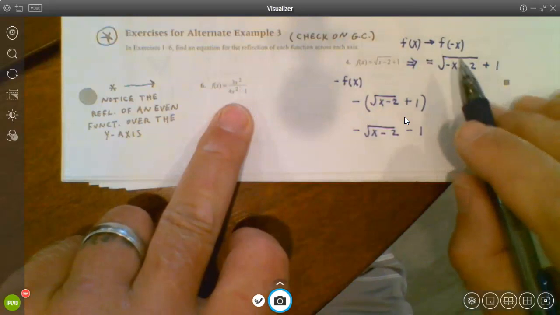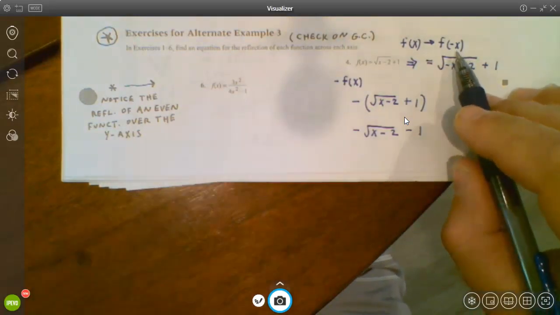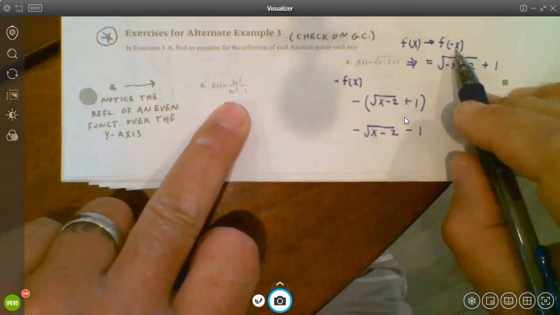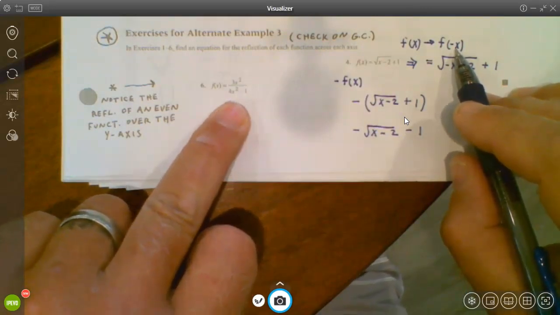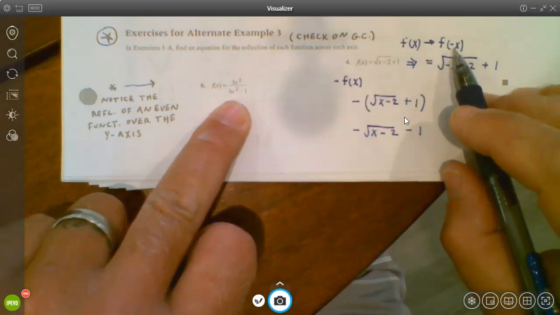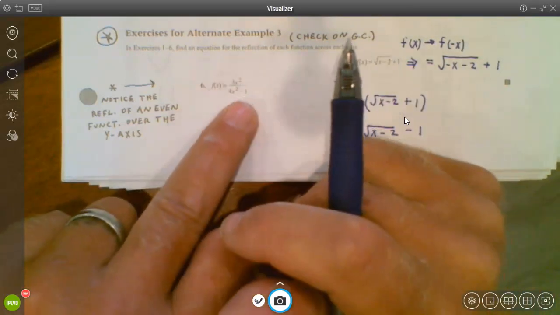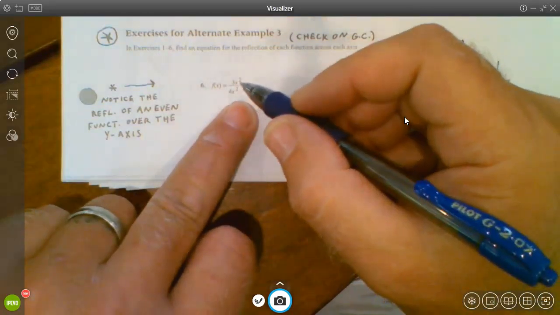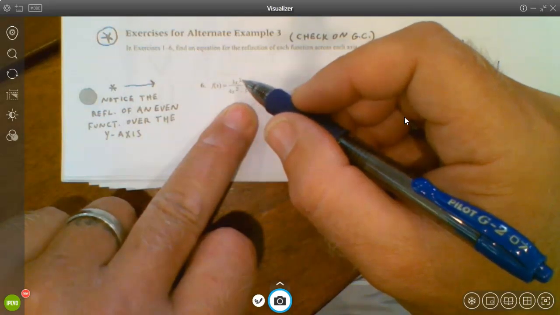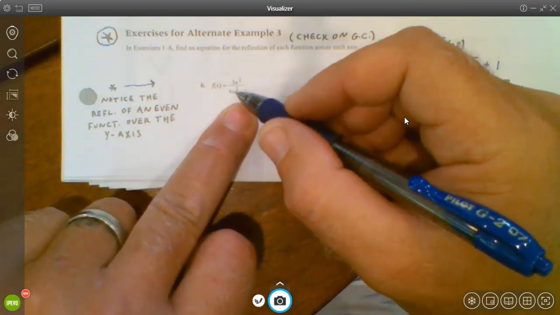If I do this one, remember what we learned earlier was that anytime you do a reflection across the y-axis, that represented an even function. So this one is already an even function. So what's going to happen if I replace x with negative x? Well, negative x squared is still x squared in both locations.